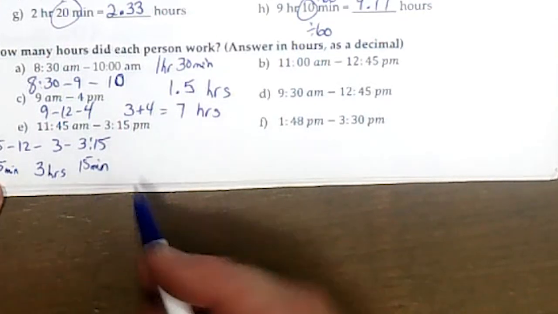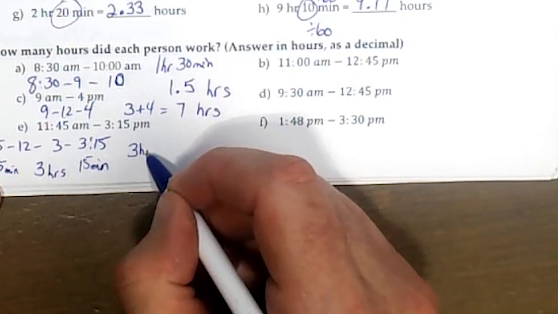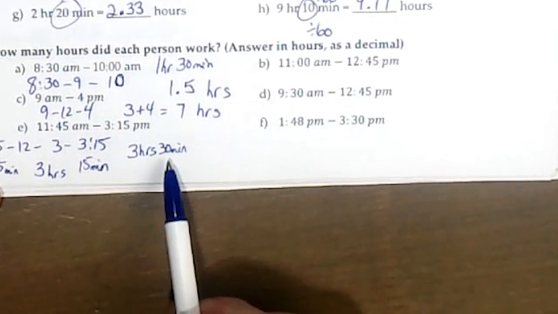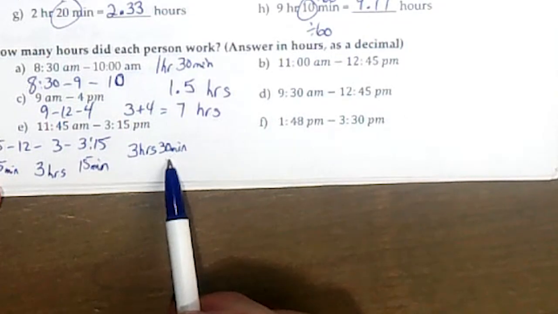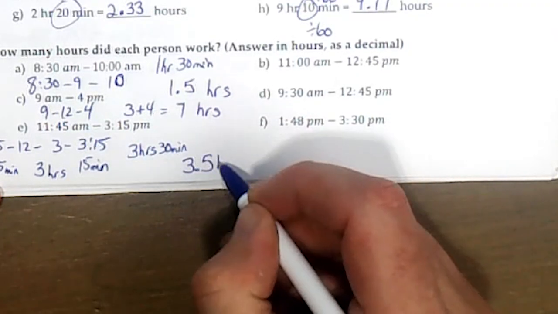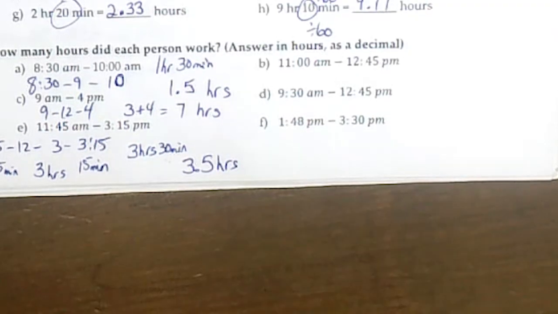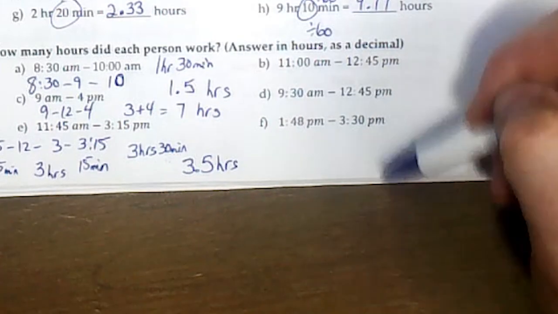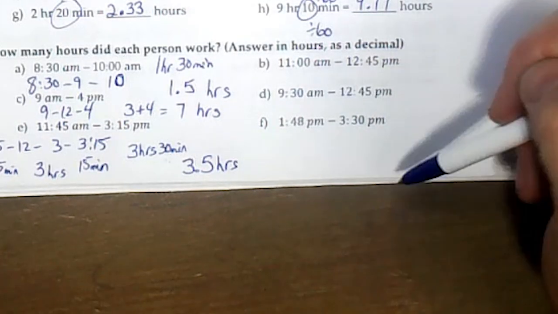So we can add these together. And remember, 30 minutes, we have to divide by 60. We get 0.5. Minutes must be divided by 60. So pause the video, try these ones out, see how you do, and then check your answers once you're done.